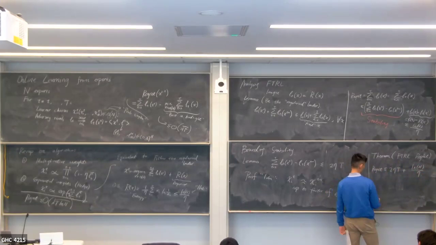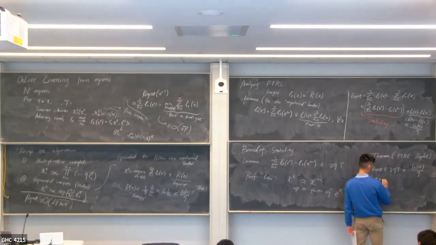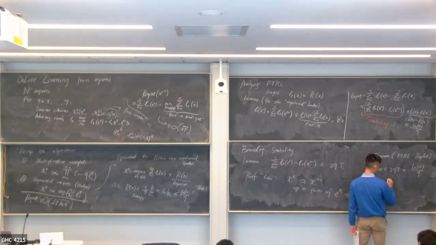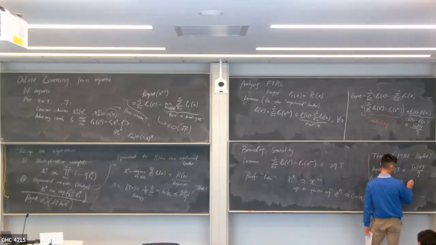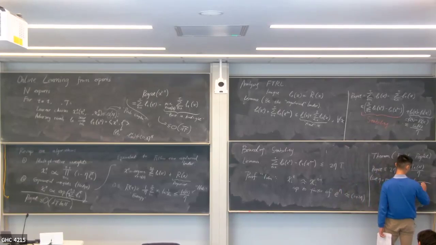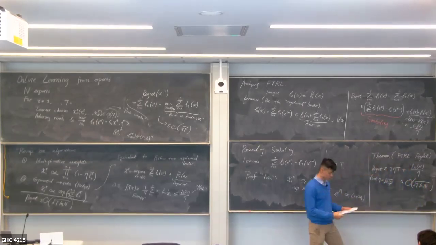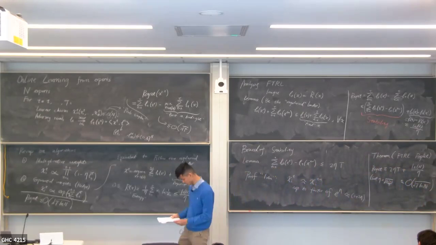If you set eta to be roughly log n over t, then this thing is no more than some term that grows like root t times log n.